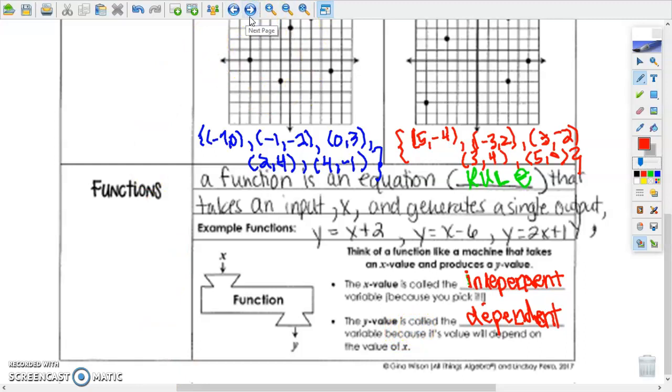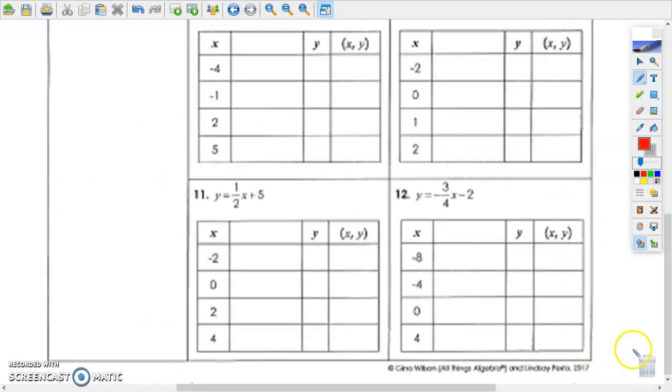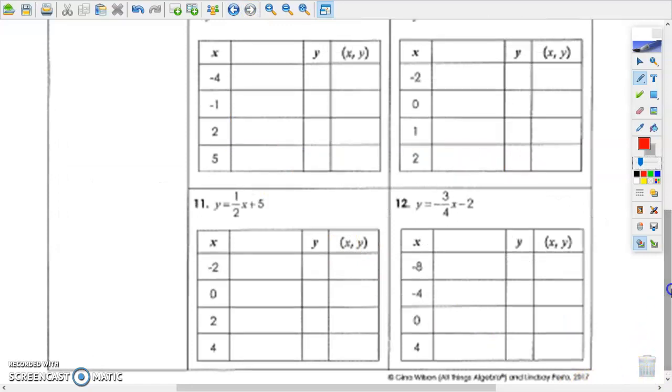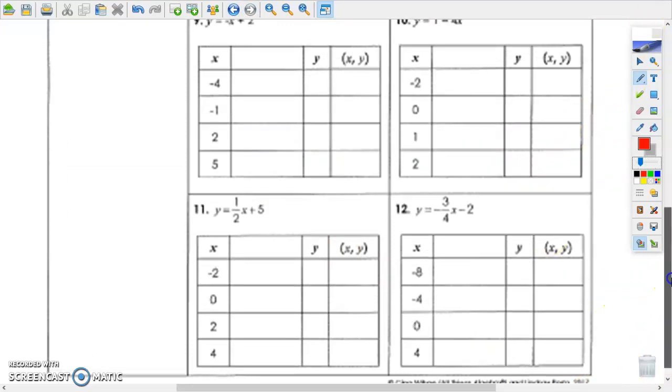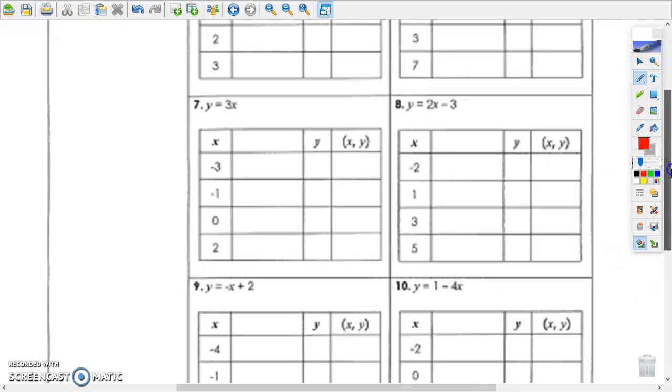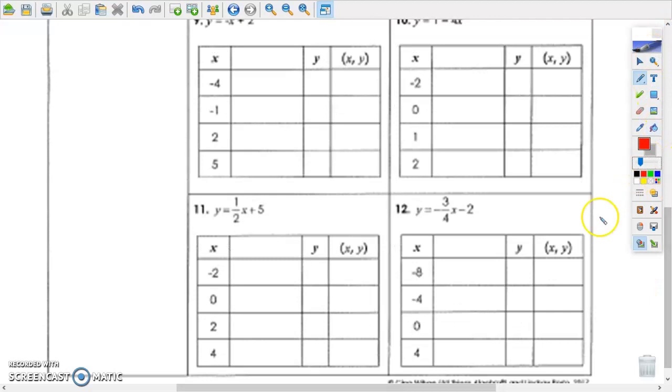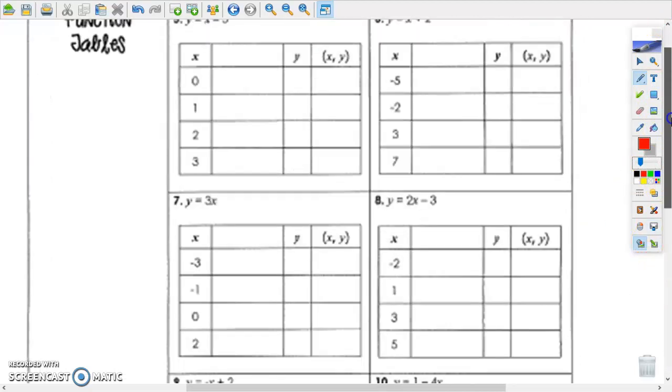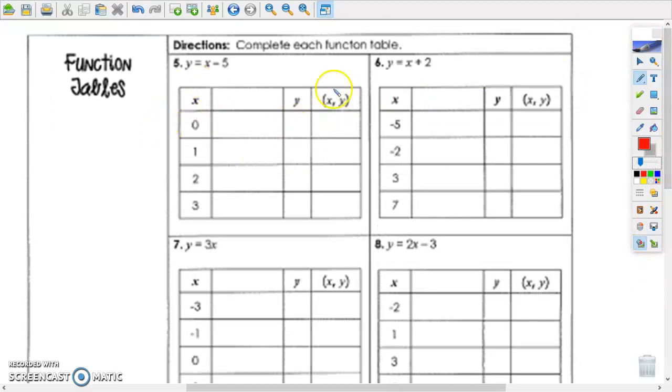The last page of your notes is some practice using the equation or the function and using an XY table to put the points in and plug them in to complete this table.